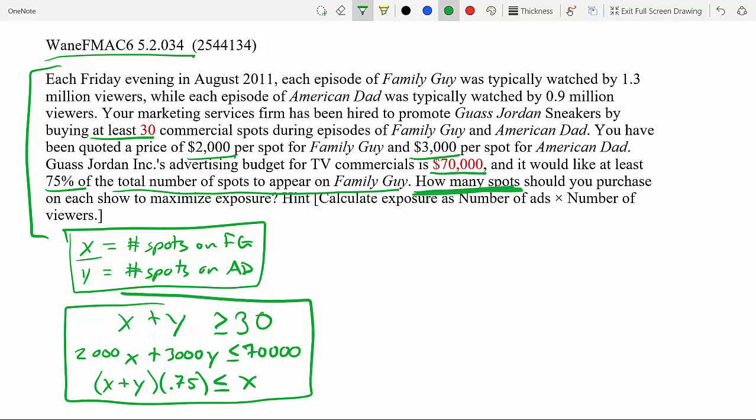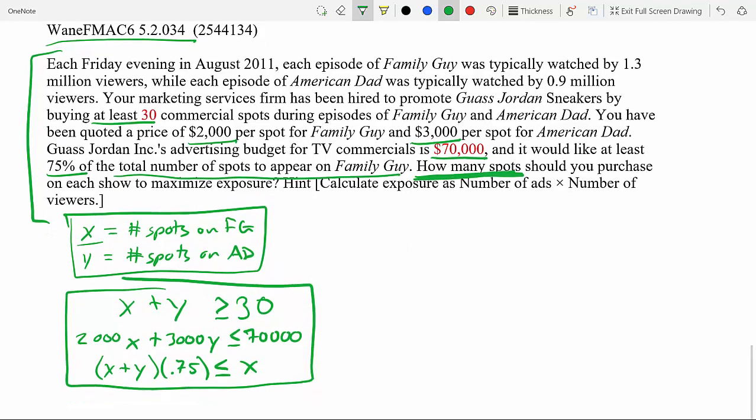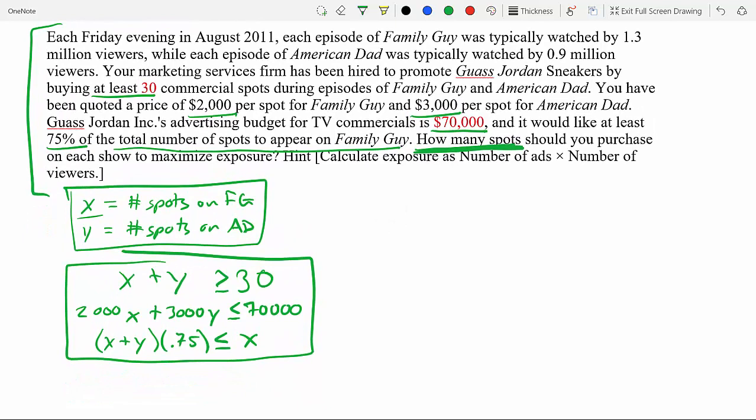And we want to maximize exposure. Exposure is number of ads times number of viewers. We had viewers up here at the top: 1.3 million viewers and 0.9 million viewers.